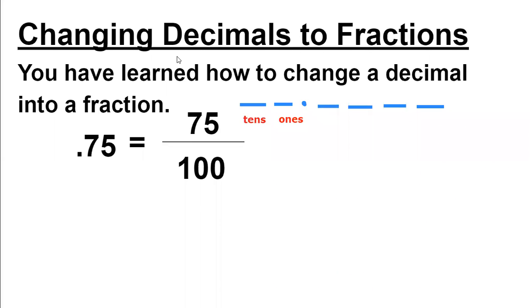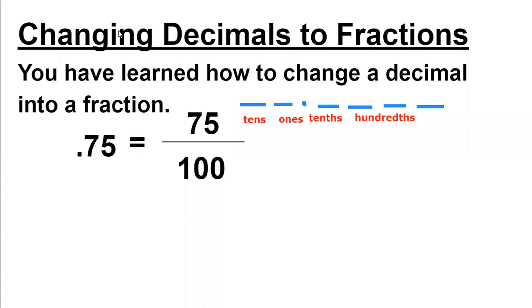But what is it to the right of the decimal? Well, this is the tenths place, with the TH, correct? And the place after that is called hundredths, correct?